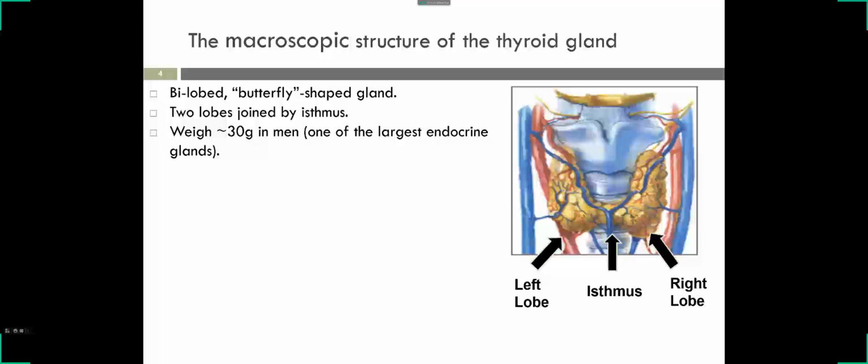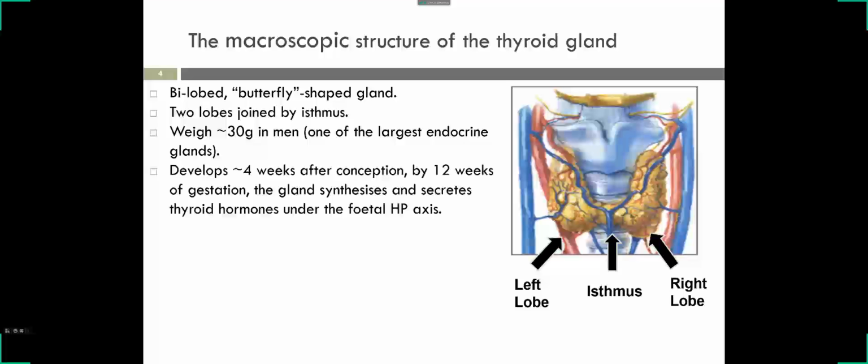In terms of size, the thyroid gland weighs roughly 30 grams in men, and it's one of the largest endocrine glands. In terms of development, it's formed about 4 weeks after conception, and by 12 weeks of gestation, the gland is synthesizing and secreting thyroid hormones under the fetal HP axis.